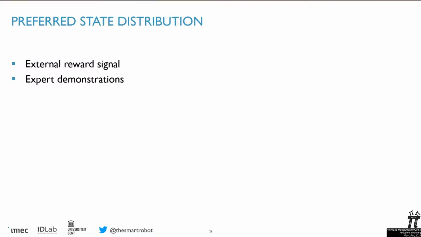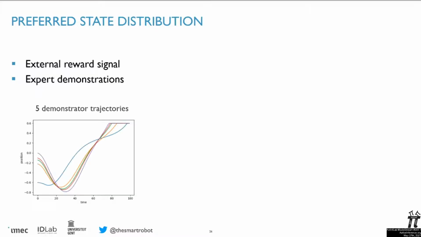Now we want to figure out how we can use this model that we learned for active inference. Typically in RL, you would give some sparse reward for driving up the mountain. But in our initial experiments, we were more interested in how an agent could learn from human observation demonstrations. So we recorded 5 human rollouts in the environment, just driving around with the cart, going first left and right.